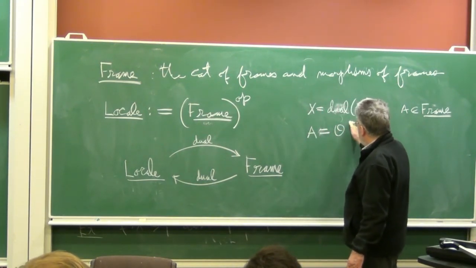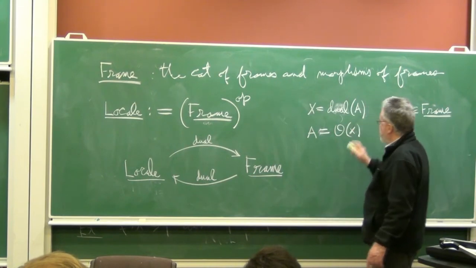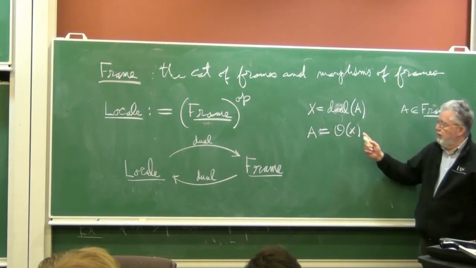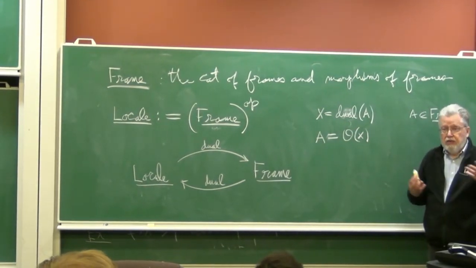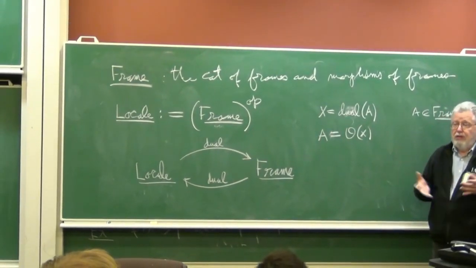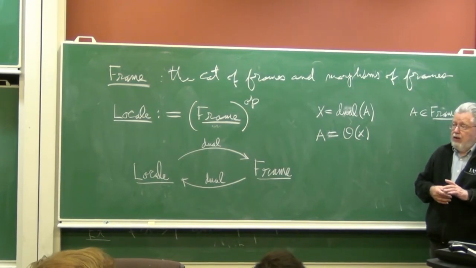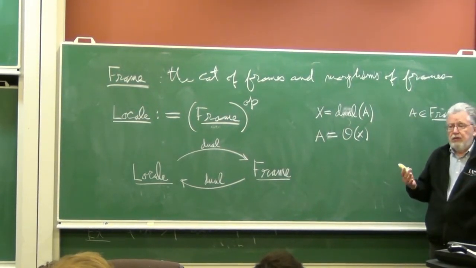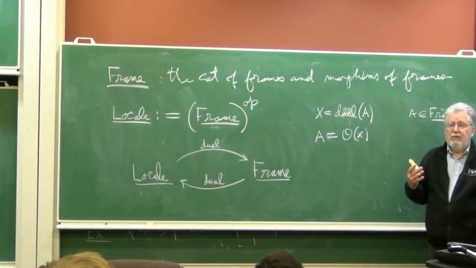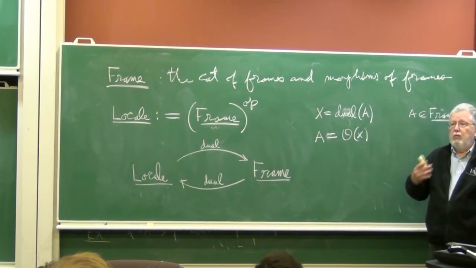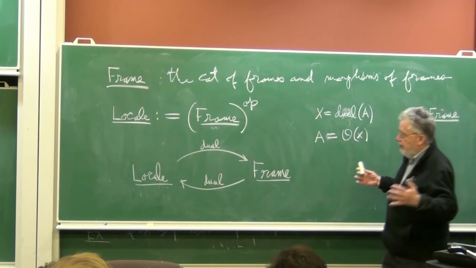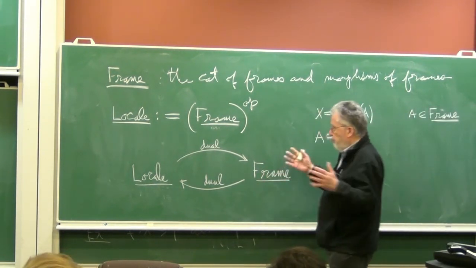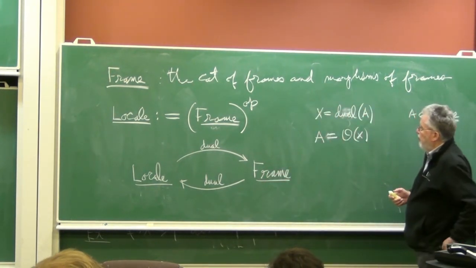You pretend that A is the open set of X because you would like to think that the frame is some kind of topological space. And it's true. I mean, most frames are actually a frame of open sets of a topological space, but there are frames that do not come from a topological space. Okay, so you have somehow expanded the category of topological spaces by the category of locales.